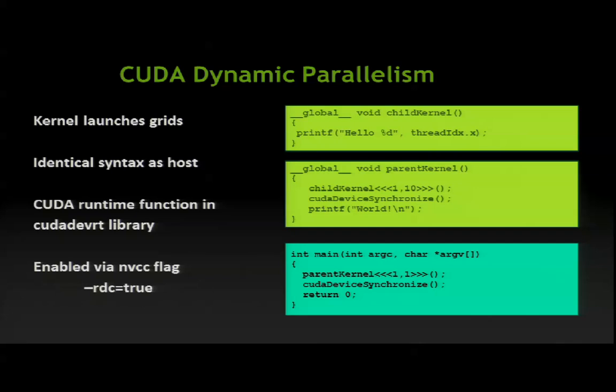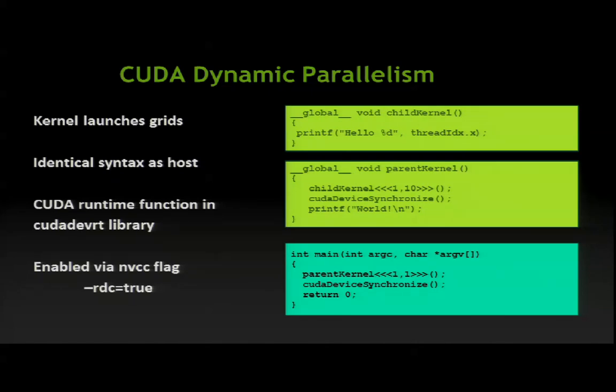So how does that look in practice? Here we have a very basic example, and that's actually one of the samples that we will look at afterwards, but let's just have a look at it here. We have the main program, which runs on the CPU. We launch the parent kernel, and we just use a single thread and a single block. And then we have a device synchronize and we finish.